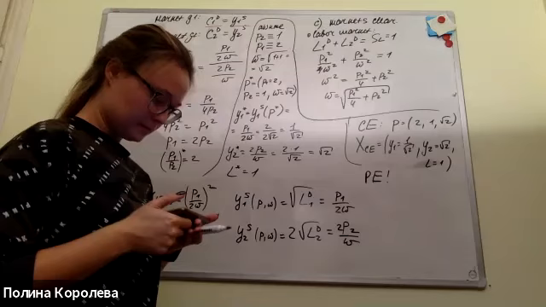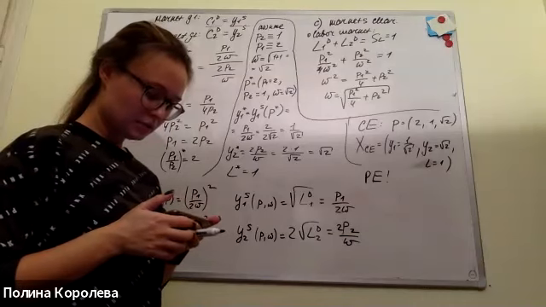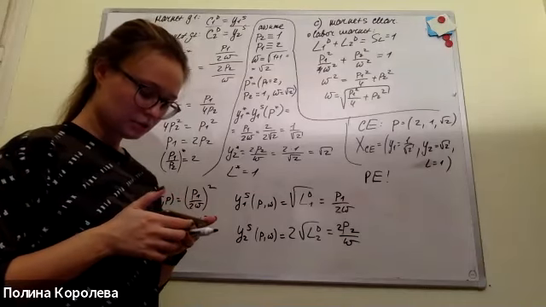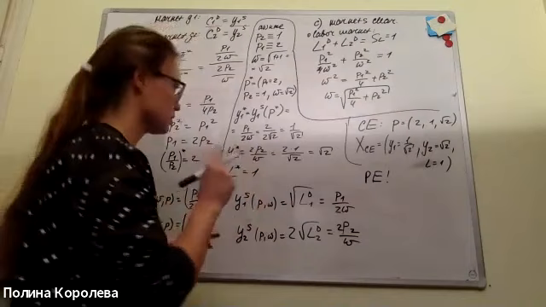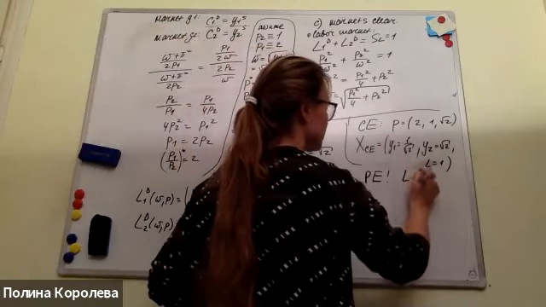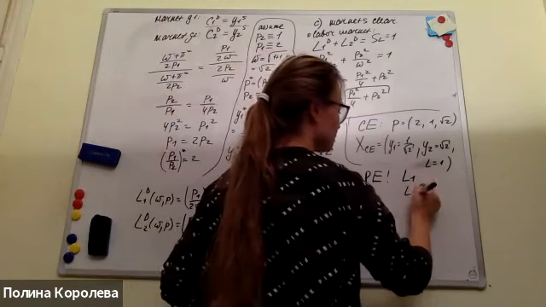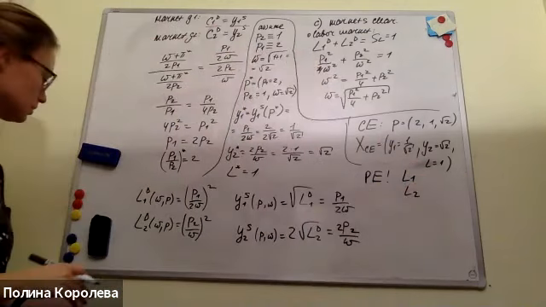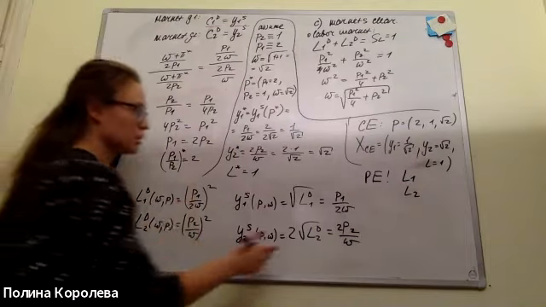Let's write down: the resulting allocation coincides with the Pareto efficient one. Yes, what else? Not only this, but we also should find labor for the first production and for the second production. This will be 1/2, 1/2.